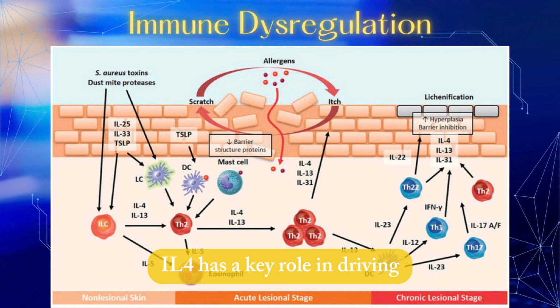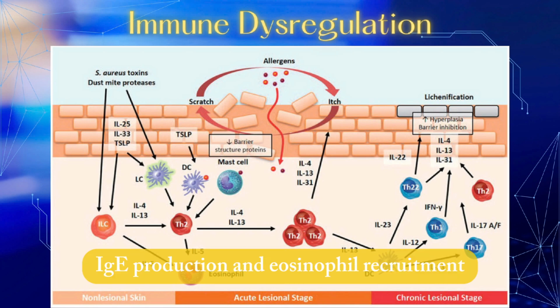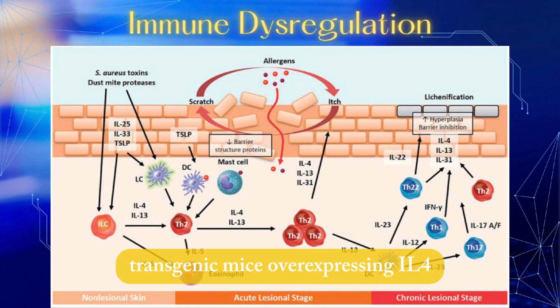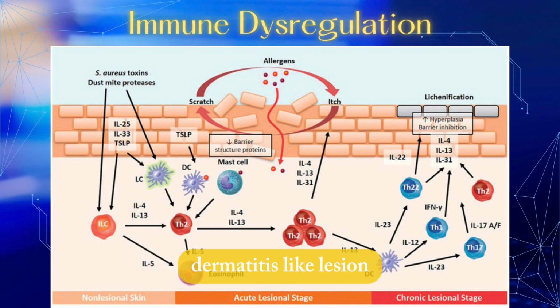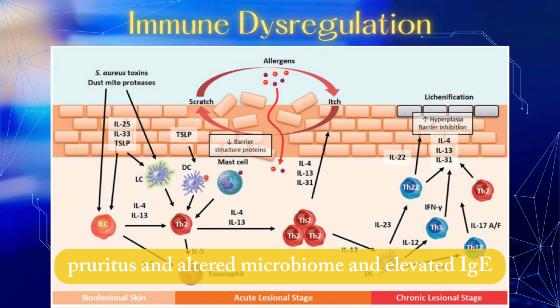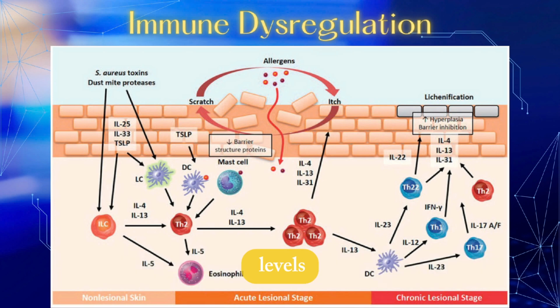Interleukin-4 and interleukin-13. Interleukin-4 has a key role in driving Th2 cell differentiation, IgE production, and eosinophil recruitment. Transgenic mice overexpressing interleukin-4 in the epidermis develop atopic dermatitis-like lesions, pruritus, an altered microbiome, and elevated IgE levels.